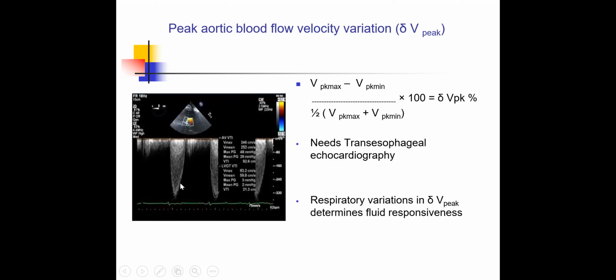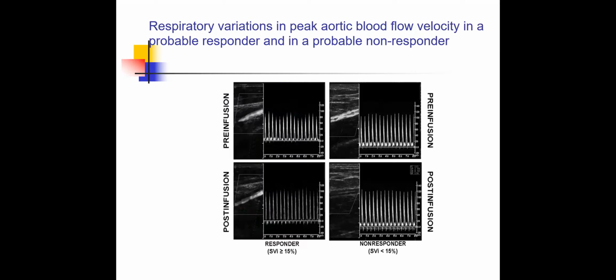Here we see the aortic flow, and respiratory variations in aortic blood flow velocity determine the fluid responsiveness. We can appreciate these respiratory variations in a probable responder or a probable non-responder.